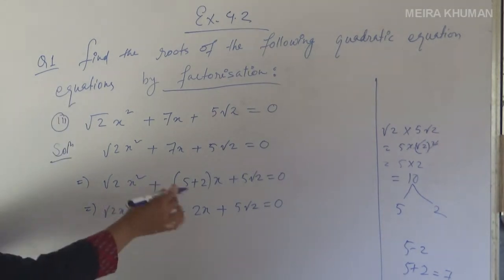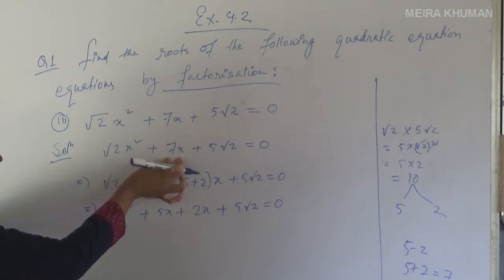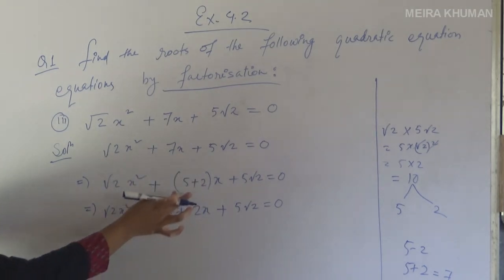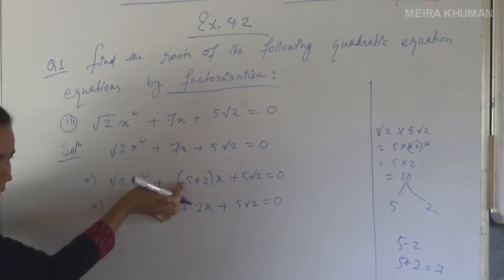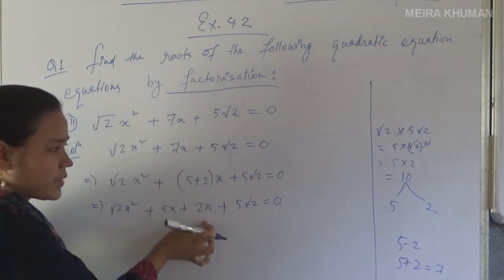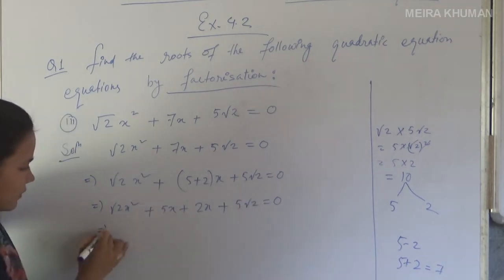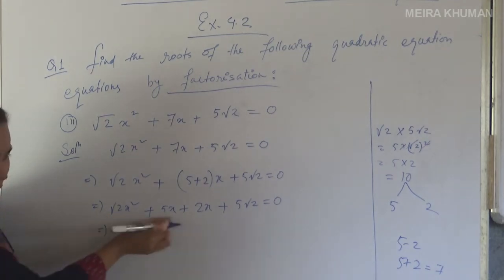Okay, don't confuse this 5 plus 2. You are making it because you should get this 7x. Then you are multiplying: 5 into x is 5x, 2 into x is 2x. Then here you can take common from root 2 x square and 5x.